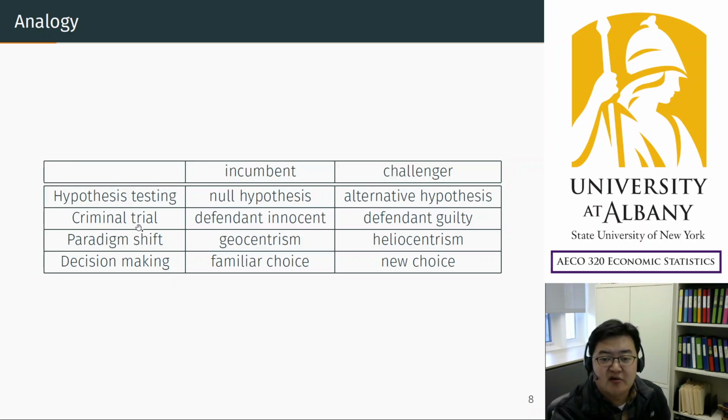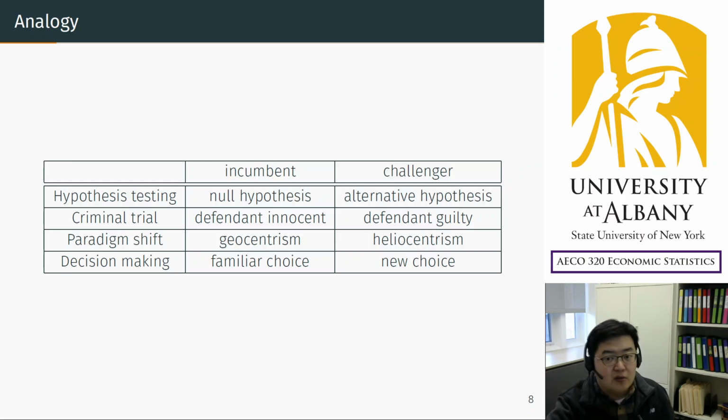In a criminal trial, the hypothesis that the defendant is innocent is favored, because if there is no evidence, you choose that. In paradigm shift theory, if there is no evidence, you just believe whatever you have believed before, like geocentrism. And similarly, in decision making, if you're conservative, then you just choose what you used to choose, even though you are not much satisfied with that.